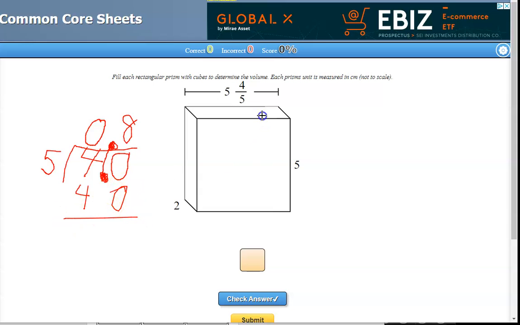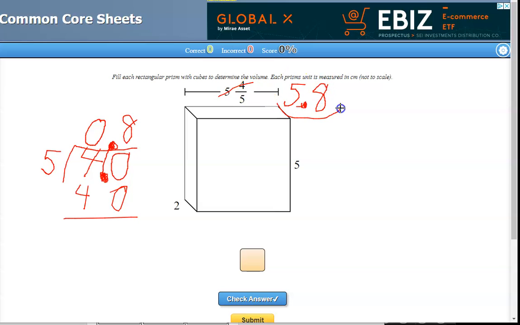So when you are finding the volume of this problem, you won't look at it as 5 4/5 for the width. You would look at this as 5, and we're going to substitute 8/10 instead of 4/5. That shows the same amount.